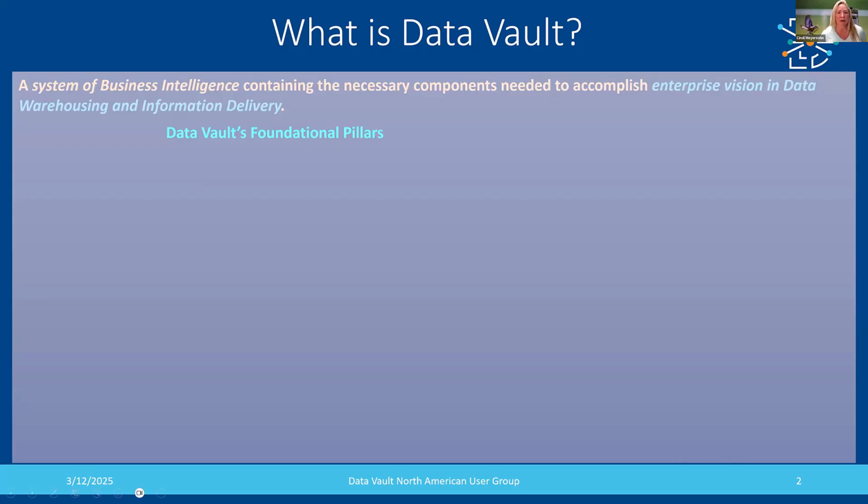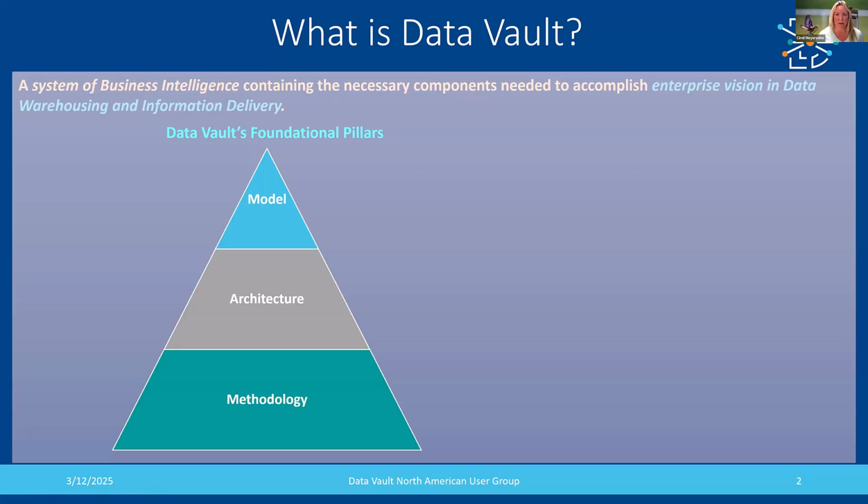There are three pillars in Data Vault 2. The pillars are what I call the why of the solution. The first pillar is methodology, which is foundational to the overall solution. It's where we get the consistent, repeatable, pattern-based conceptual standards and architectural and modeling aspects.